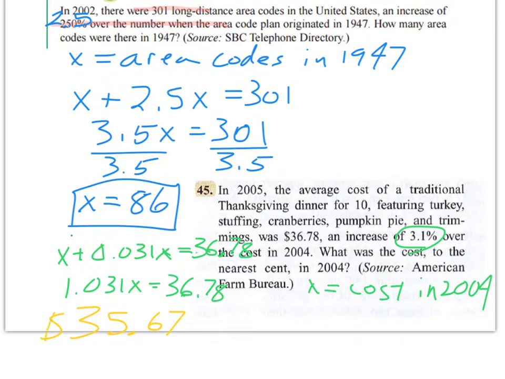As far as whether or not that's reasonable, it's reasonable because it is less than the 36.78. Again, it increased from 2004 to 2005. So if it somehow turned out to not be less, that would be a problem. But certainly looks reasonable. You can plug it back into the original, make sure that it does actually make sense for that.